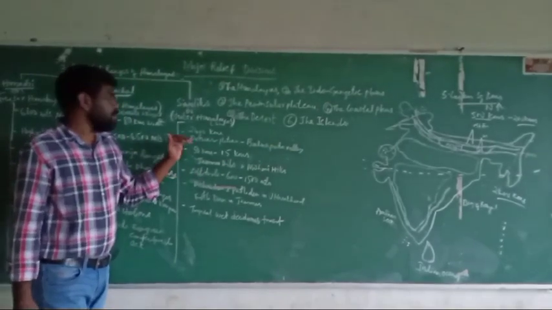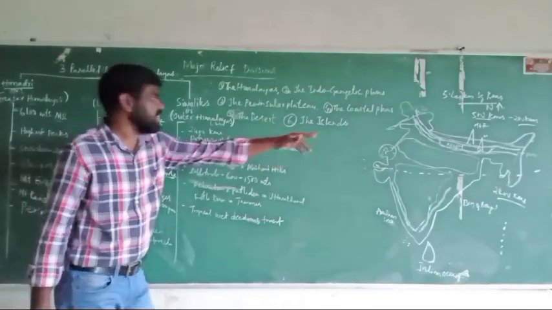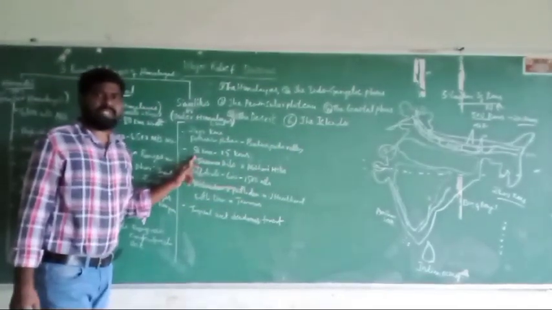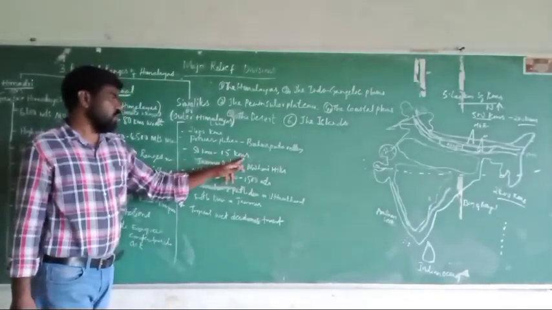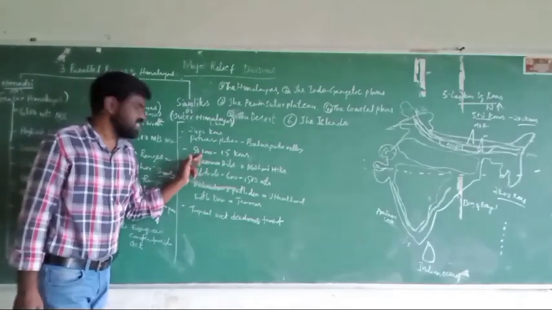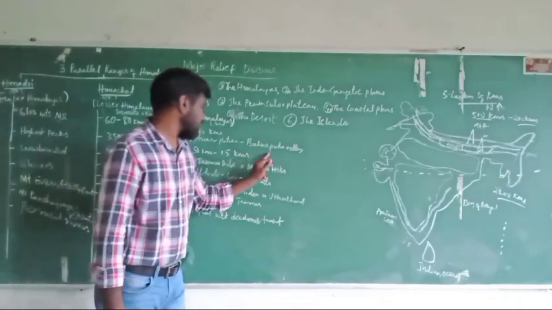They start from the Potwar Plateau and extend to the Brahmaputra Valley in the east. Their width varies from 50 kilometers in the west in Himachal to 15 kilometers in Arunachal Pradesh.